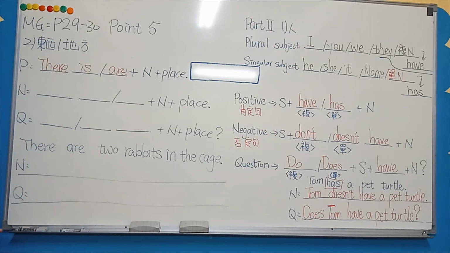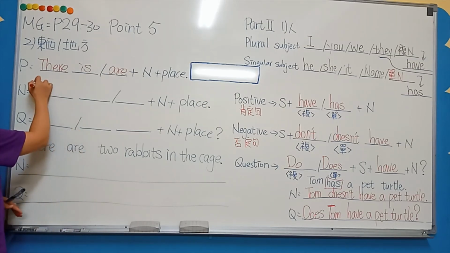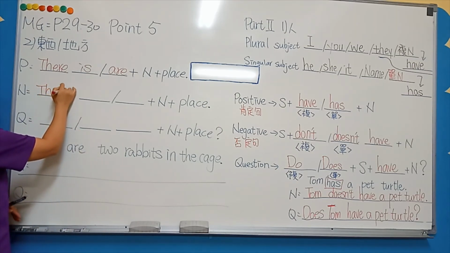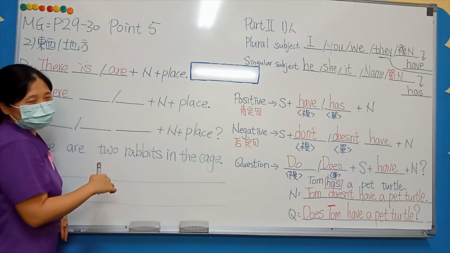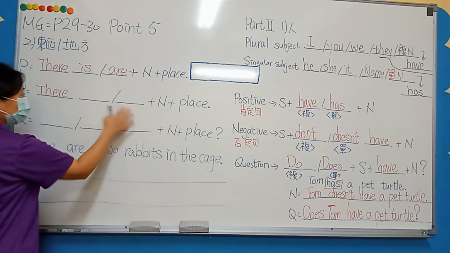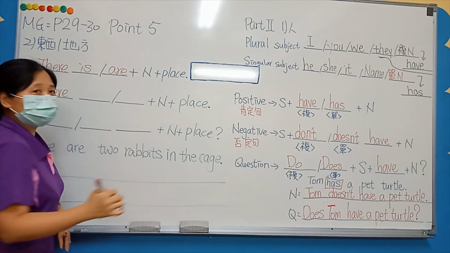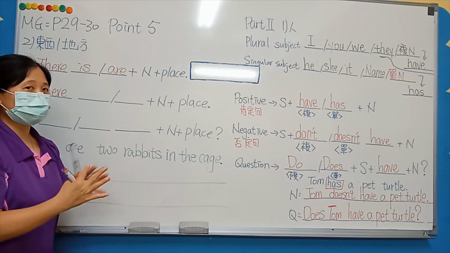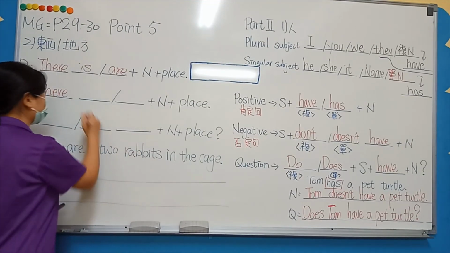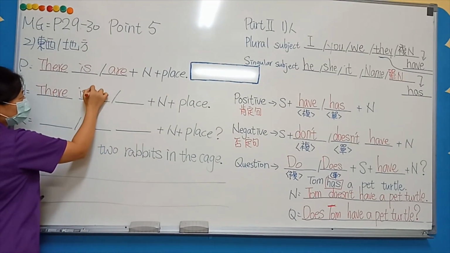Remember? Okay. Negative sentence. Do you remember? So there, you will say "there is not." Okay. For sure, you don't have "not" here, right? So what do you need to write? You need to combine your "is" and "not," "are" and "not." So how to write? Isn't.